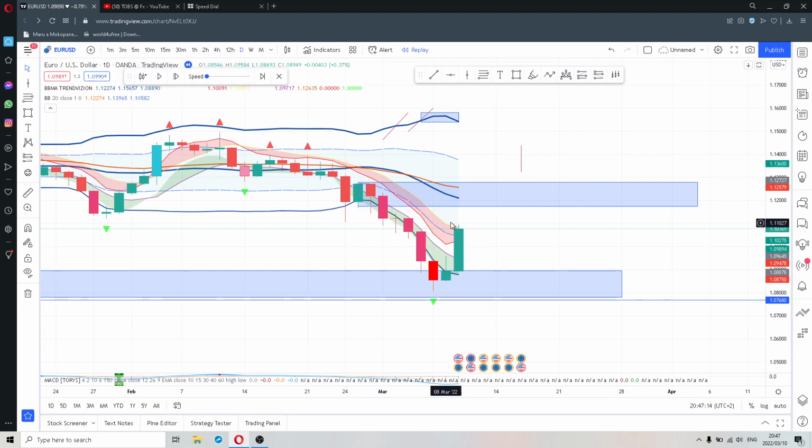So when this closed there, the other thing you should be aware of is, if the market is coming to that area, what are you expecting on that level? So let me just take out this candle first.